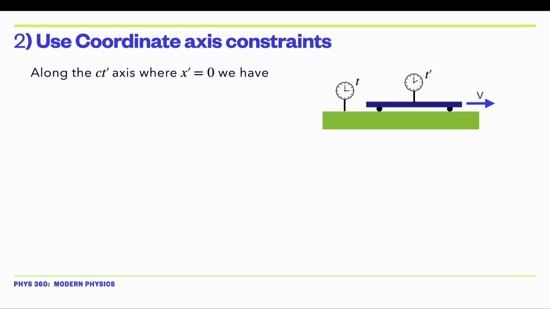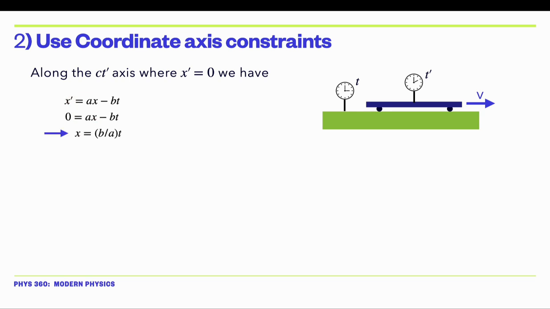Okay, so we're going to use some different constraints for the equations. For example, along the ct prime axis, where x prime is equal to 0, if we start with our general transformation equation, x prime equals ax minus bt, you plug in x prime is 0, so this is 0.